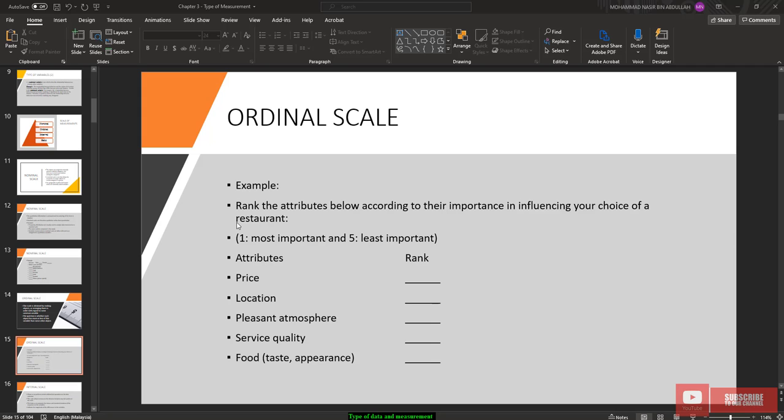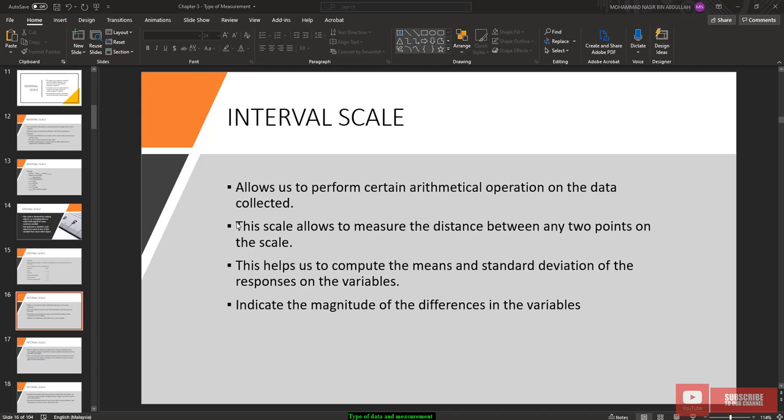Another example is household income, whether low income, medium income, or high income. This is an example of an ordinal scale. Likert scale also is a part of the ordinal scale. It's a categorical variable, but we can do ranking on that level.